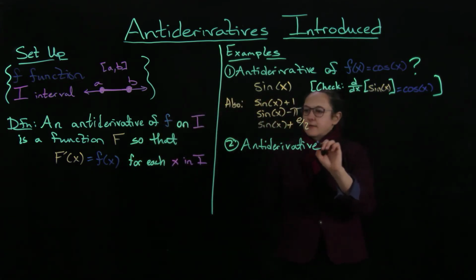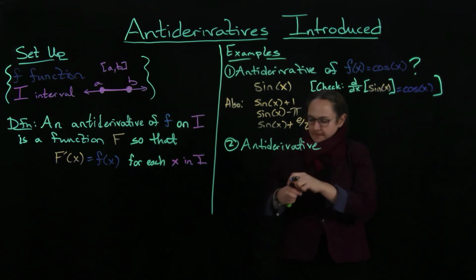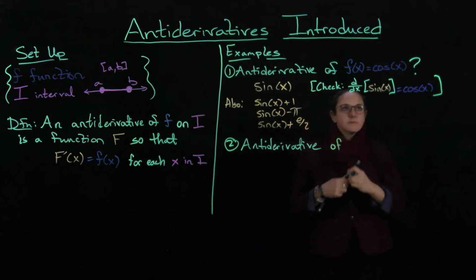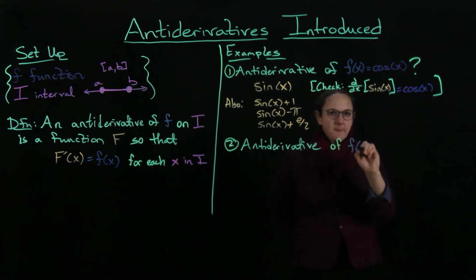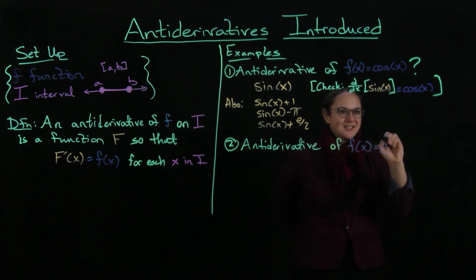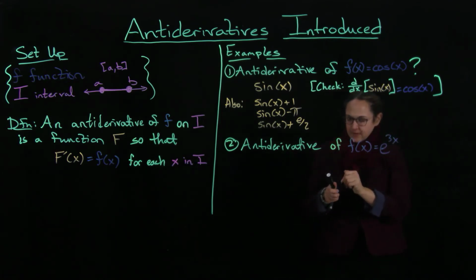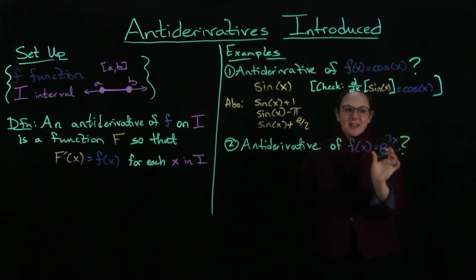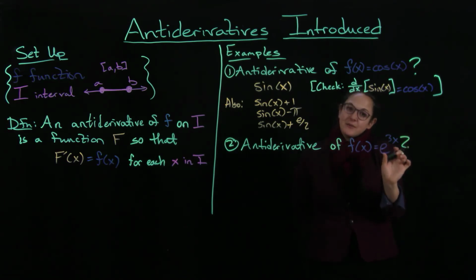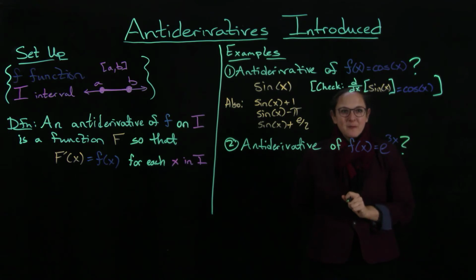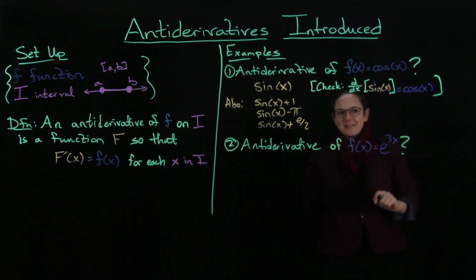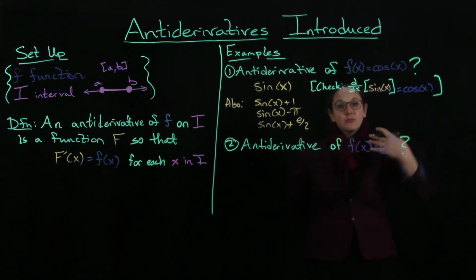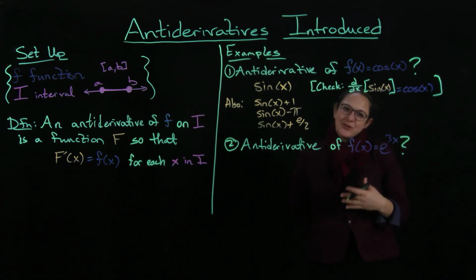So the antiderivative of f of x equals e to the 3x. Now we need some kind of function so that when I take its derivative, I get e to the 3x. And we have to watch out, because our first thought might be, oh, it's going to be e to the 3x. But what happens if I take the derivative of e to the 3x, I get 3e to the 3x because of that chain rule, so that isn't an option.